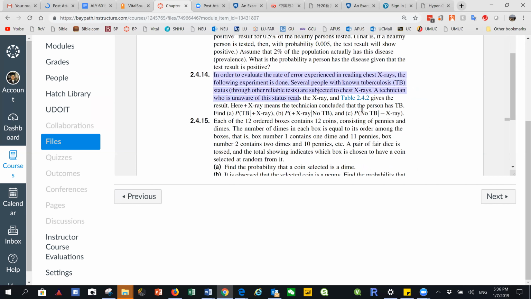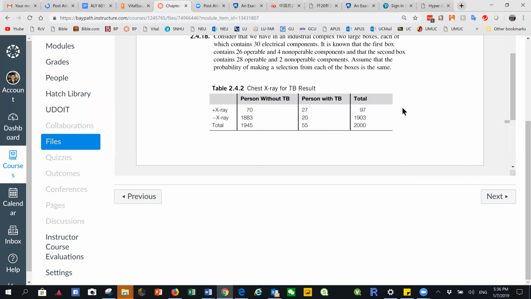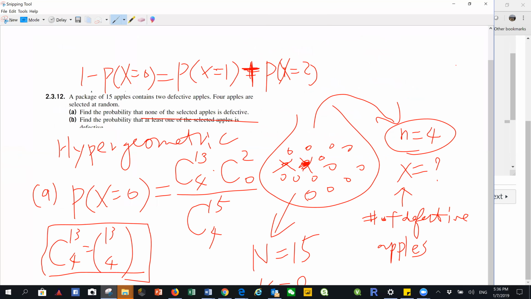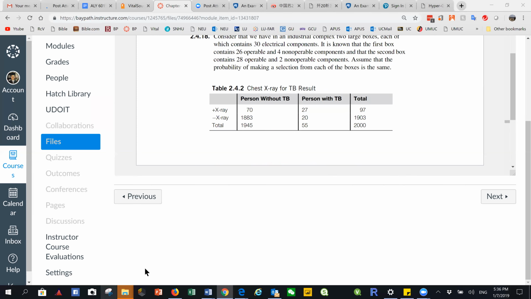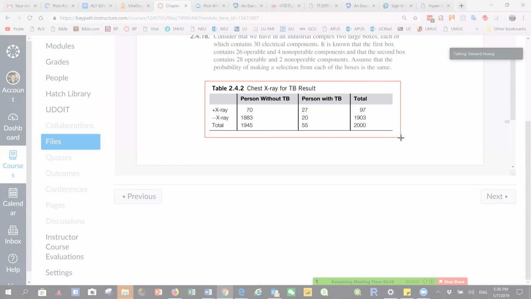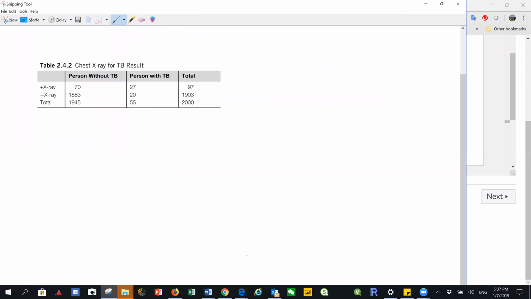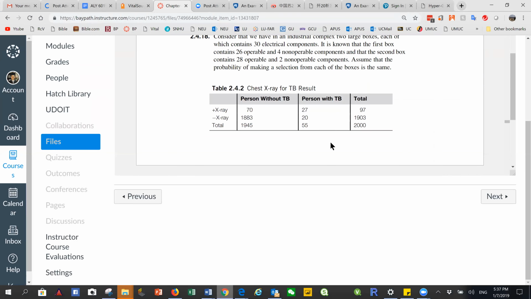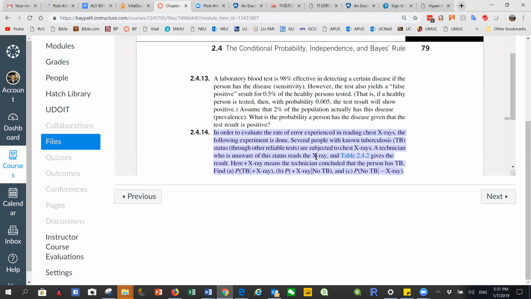Okay, this question, and use 2.4.2. Obviously use this 2.4.2. With this, if you understand this question, you will understand the other question. So what this question asks you is, what is the probability?